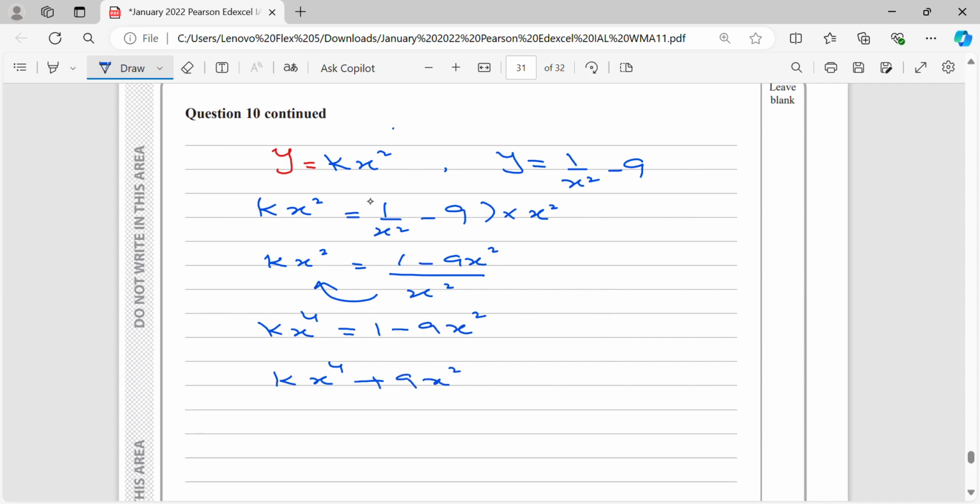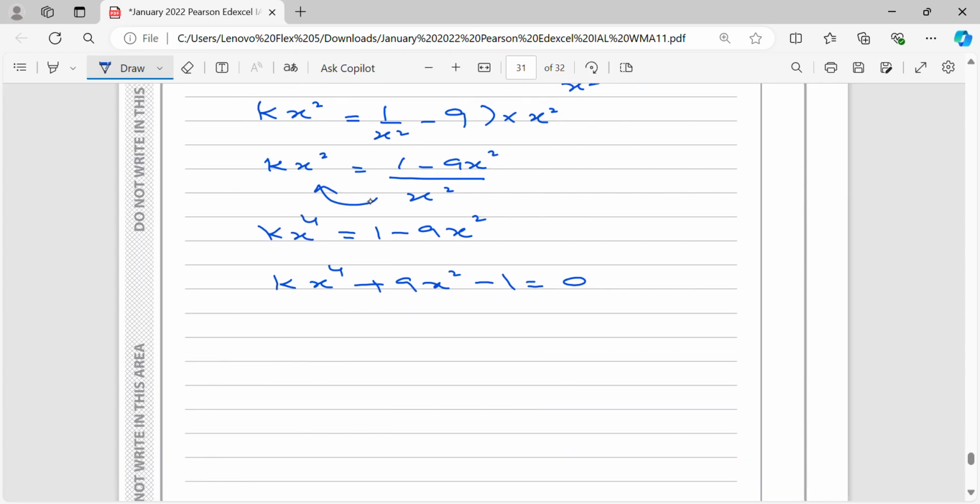Minus 1 equals 0. So kx raised to the power 4 plus 9x raised to the power 2 minus 1. So I can assume that x raised to the power 2 equals any letter. Let's say it is a.